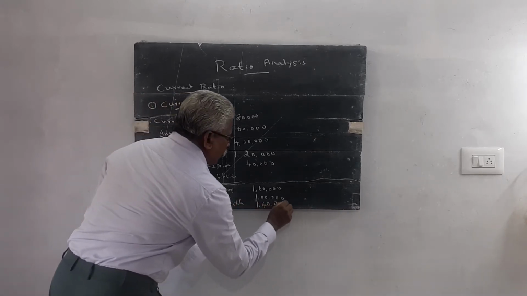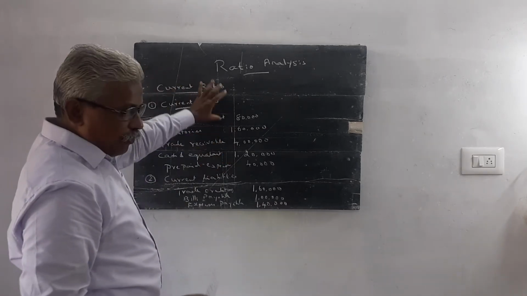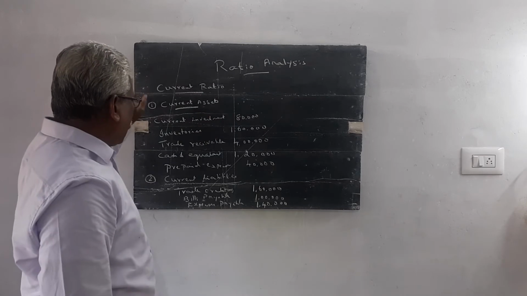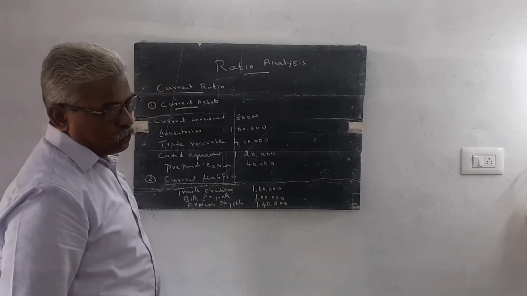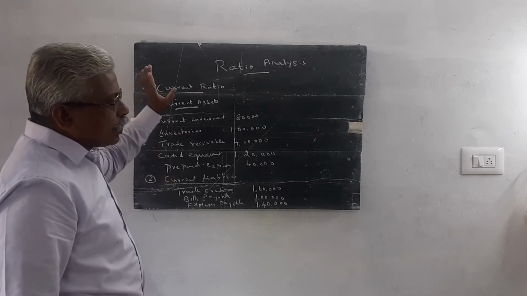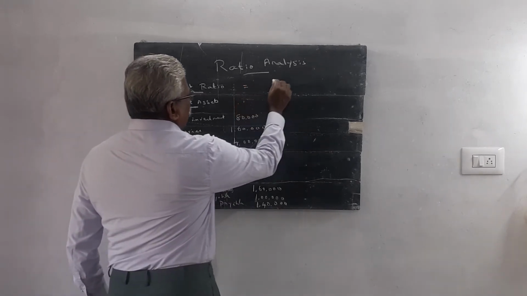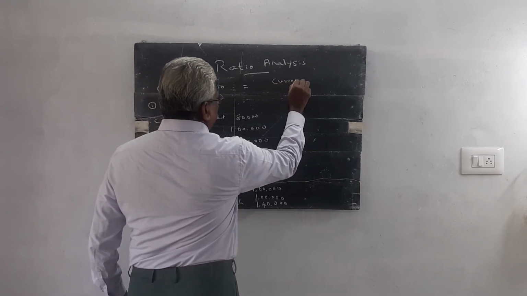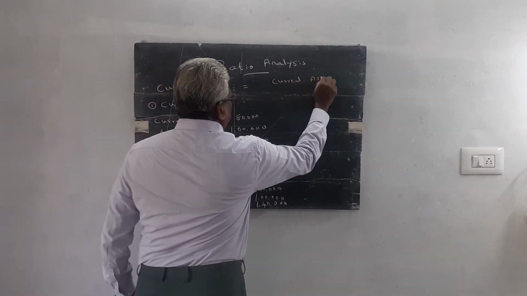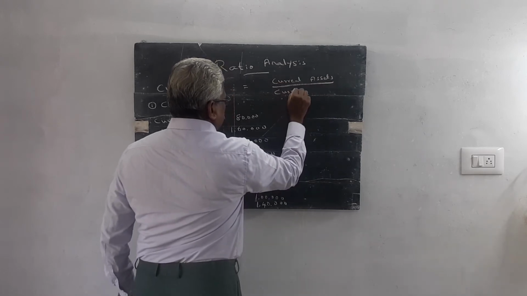This is the question. From the given information, we have to calculate current ratio. When this type of question is asked, the first duty is to write the formula. Current ratio is equal to current asset divided by current liabilities.